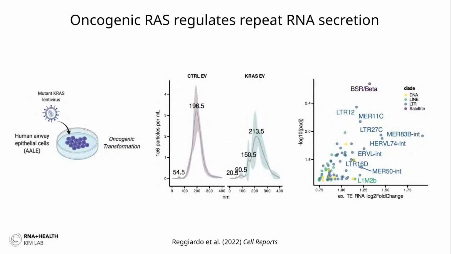We wanted to study this initiation of cancer using these in vitro models. In collaboration with my colleague Angela Brooks's lab at UC Santa Cruz, we used these human lung airway epithelial cells that had this mutation in KRAS, this gain of function mutation that's found very recurrently, for example, in lung cancer. We looked at these cells that had been transformed with this mutant KRAS transgene.